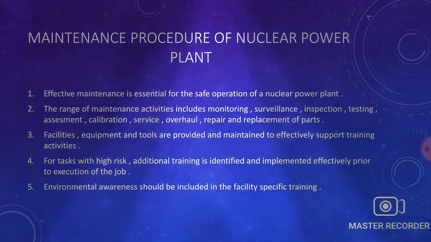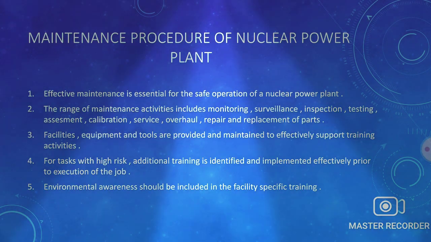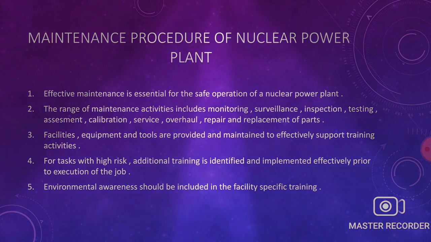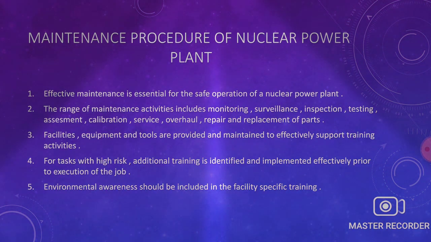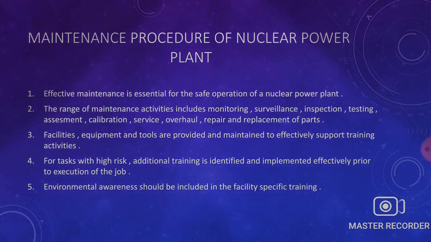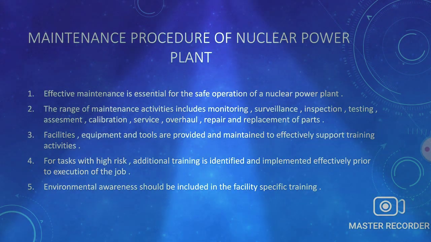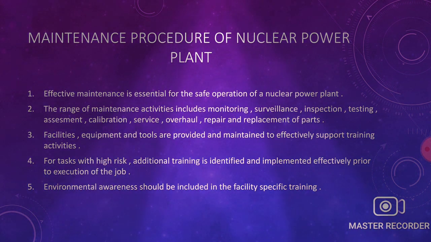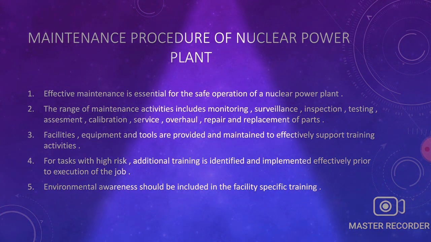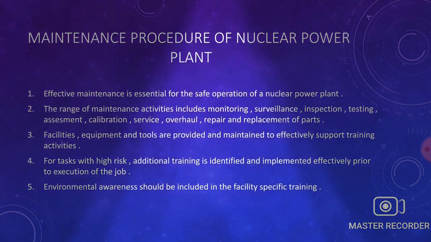Third, facilities, equipment and tools are provided and maintained to effectively support training activities. Fourth, for tasks with high risk, additional training is identified and implemented effectively prior to execution of the job. Last, environmental awareness should be included in the facility specific training.